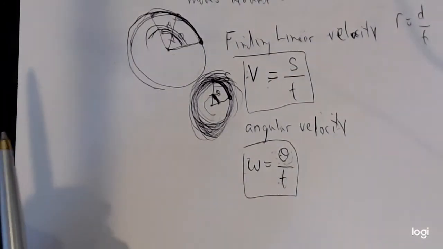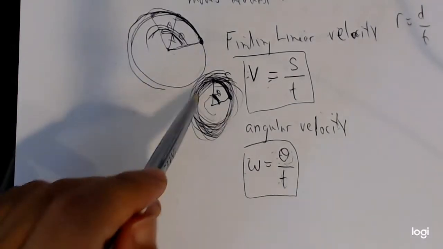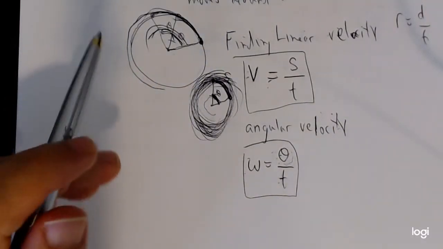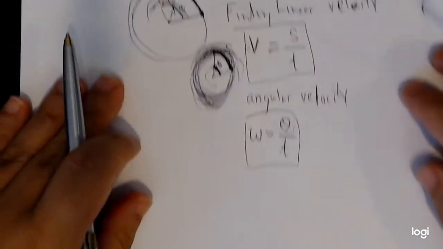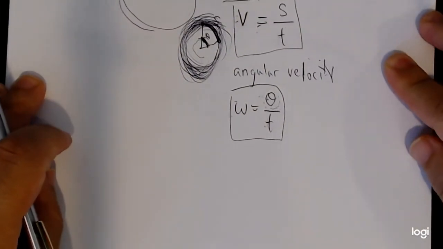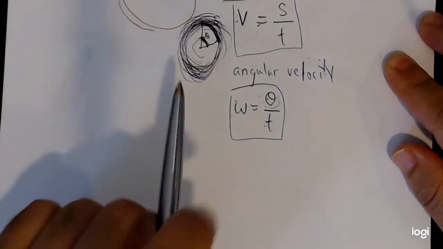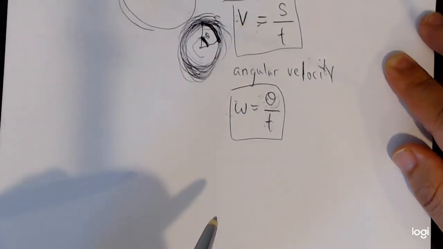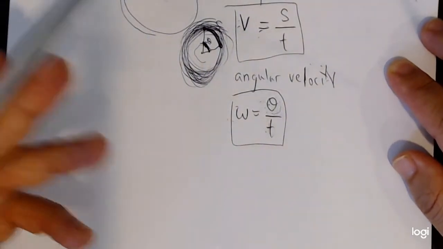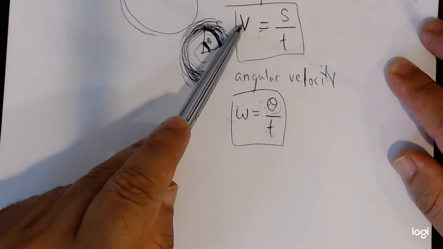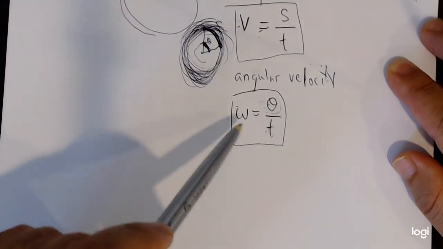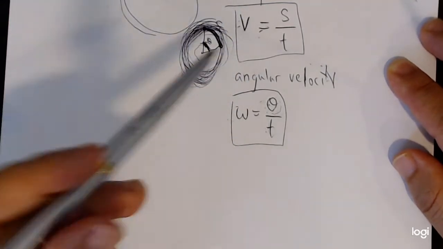So notice how there's a connection between linear and angular speed, and I'll show you how we can use that relationship to connect them. If you know the linear speed of the object, you could use that information to find the angular speed. So let's connect these two.